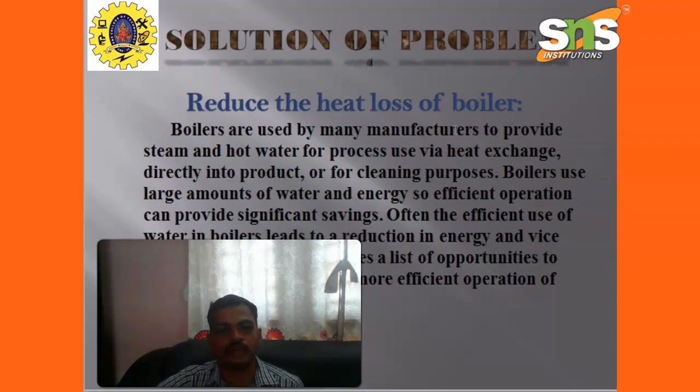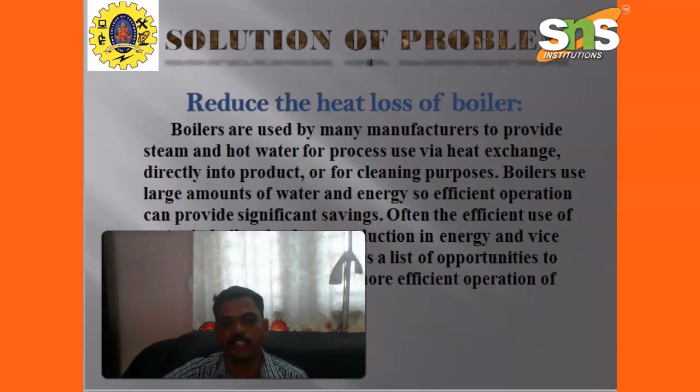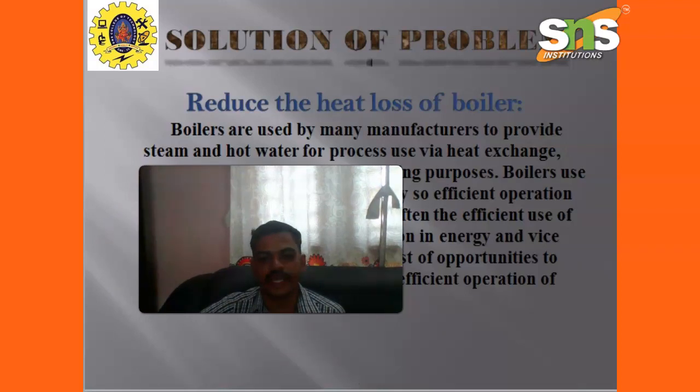Solutions of the problems: reduce the heat loss of the boiler. Boilers are generally used by many manufacturers to provide steam and hot water for processes via heat exchangers directly into the product. The cleaning process in boilers uses a large amount of water and energy, so efficient operation can provide significant savings.